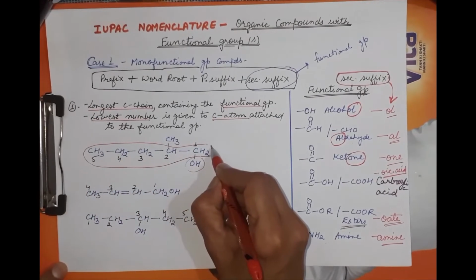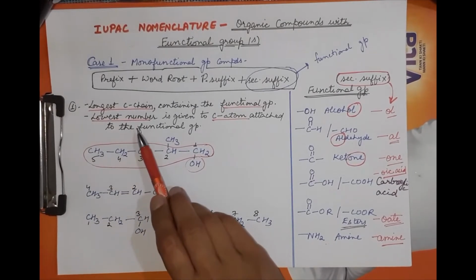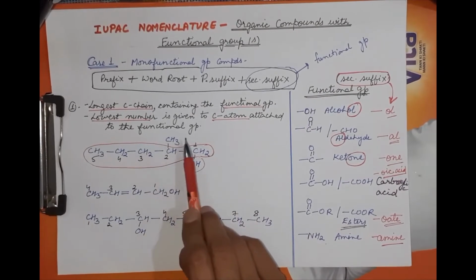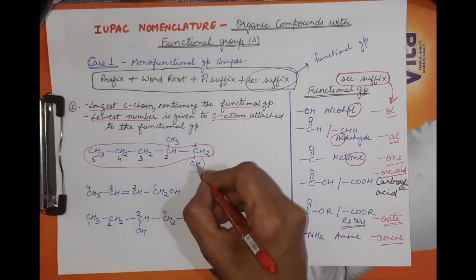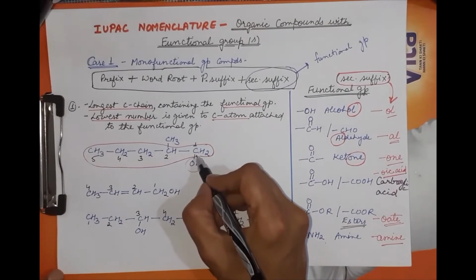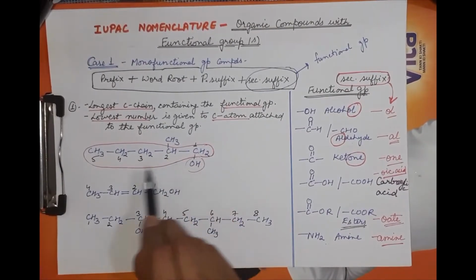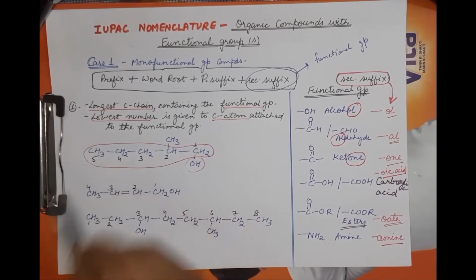This is the longest carbon chain. And then another rule is there: the lowest number is given to the carbon atom attached to the functional group. This functional group OH is attached to this carbon, so the lowest number should be given to this carbon, meaning numbering we will do from right to left. So this is one carbon, second, third, fourth, fifth.